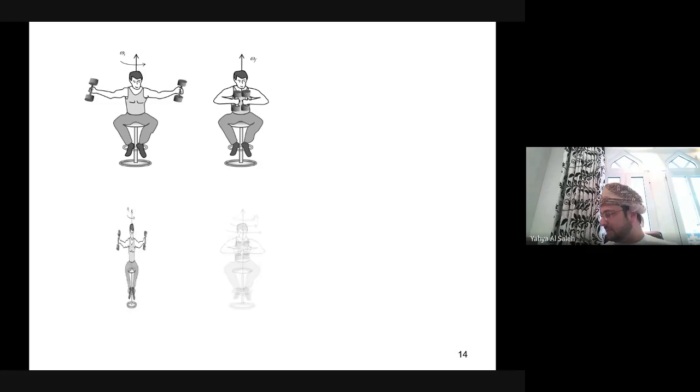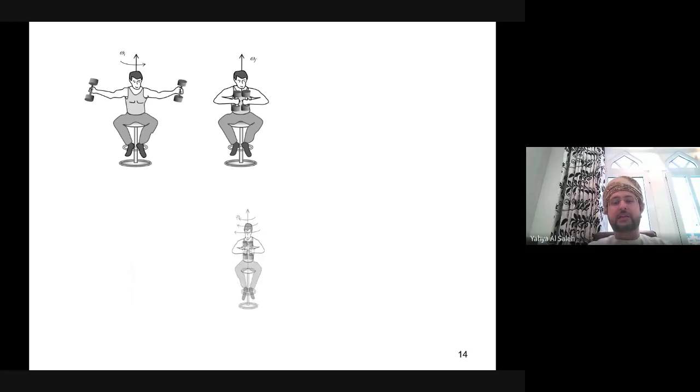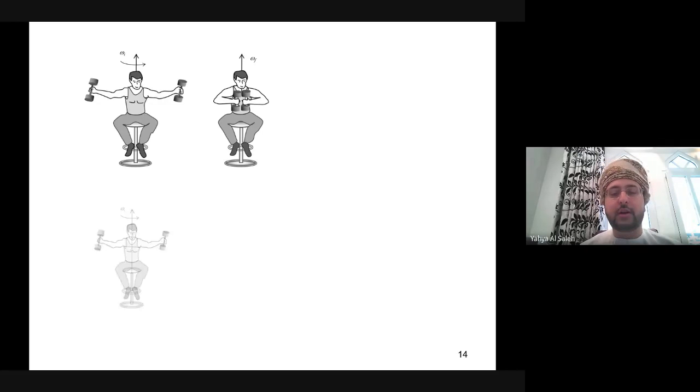You need at least some considerable mass. What happens is when he brings them inside, the moment of inertia changes.